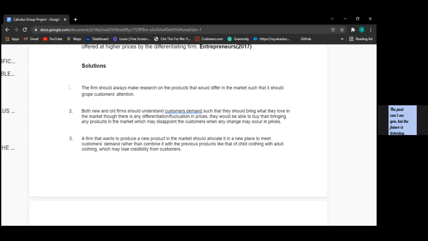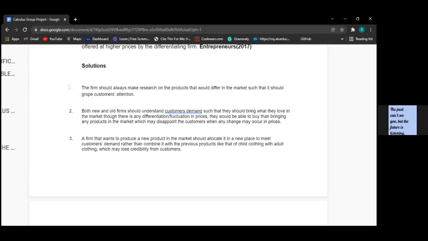And also, both new and existing producers should first study what customers love, so that at any time when prices change, customers will also tend to buy, whether they lower or raise prices.